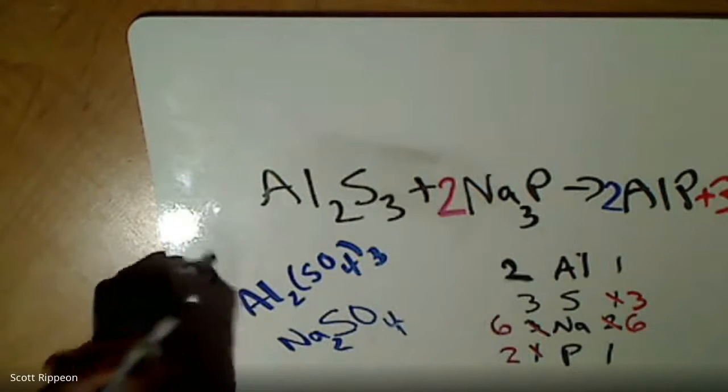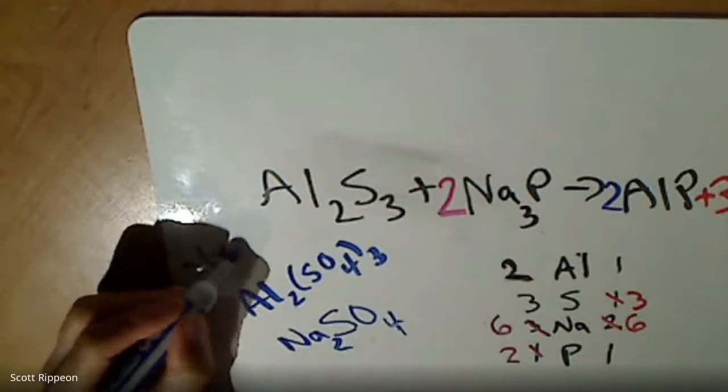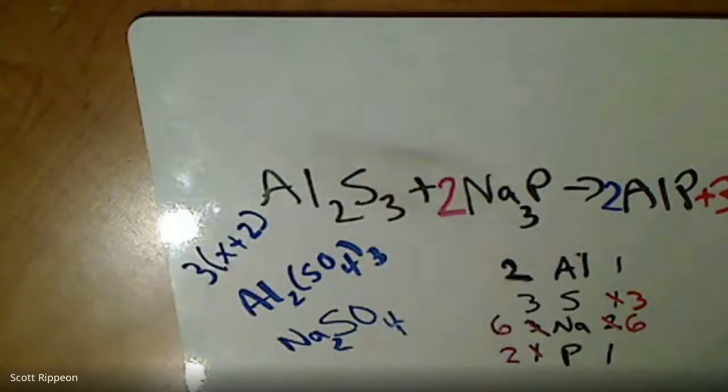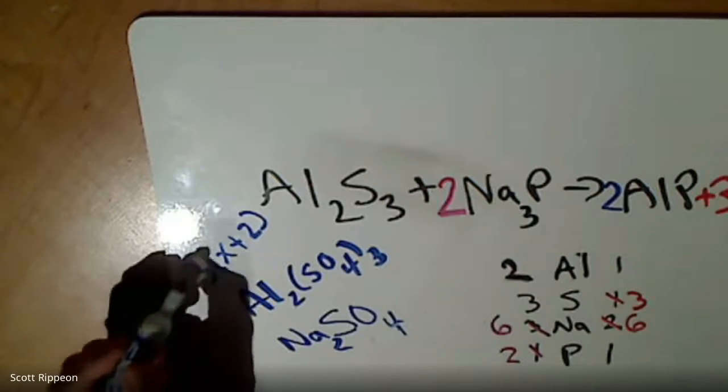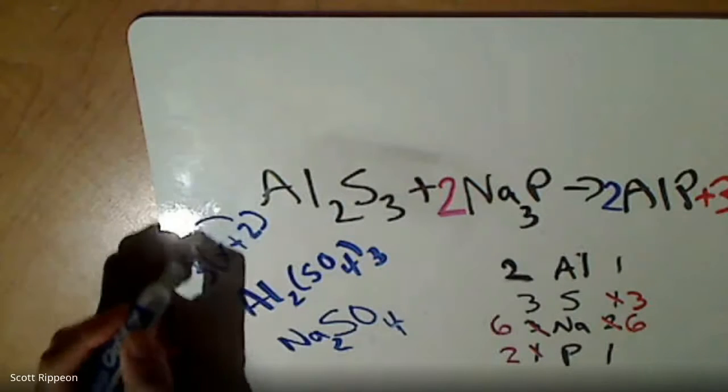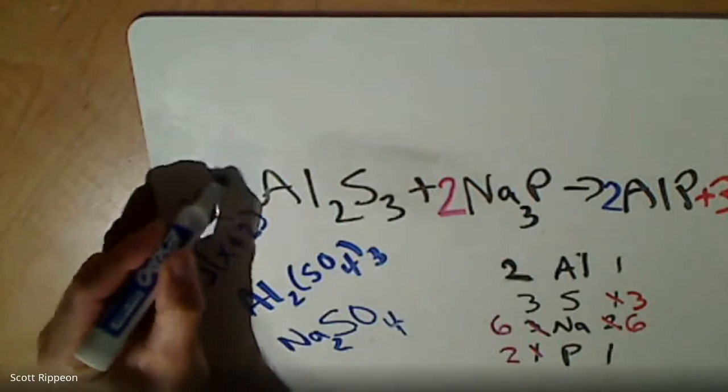Have you ever seen something like this where it's 3x plus 2? Sure. Seen that in algebra. What do we do with that 3? What's the word we use to describe what we do with that 3? Anybody? Distribute. Thank you. Perfect. So we distribute the 3, and this becomes 3x plus 6.